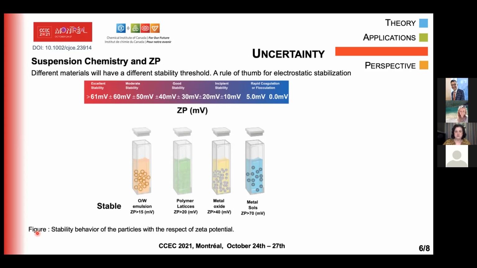Of course, each one has a range that we can use more or less to predict stability, but you still have to make the measurements and keep in mind that depending on the chemistry, whether it's metal salts, metal oxides, polymers or oil-in-water emulsions, you have different zeta values for stability.